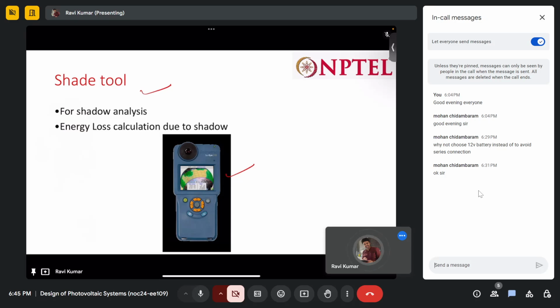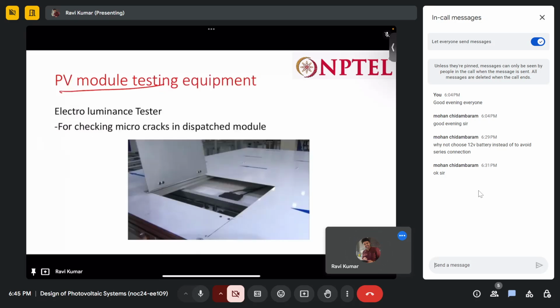Then we have PV module testing equipment. If PV modules are fabricated at a particular industry, they are not tested in the actual environment. Those are tested under laboratory scale items, or we can say module simulators.